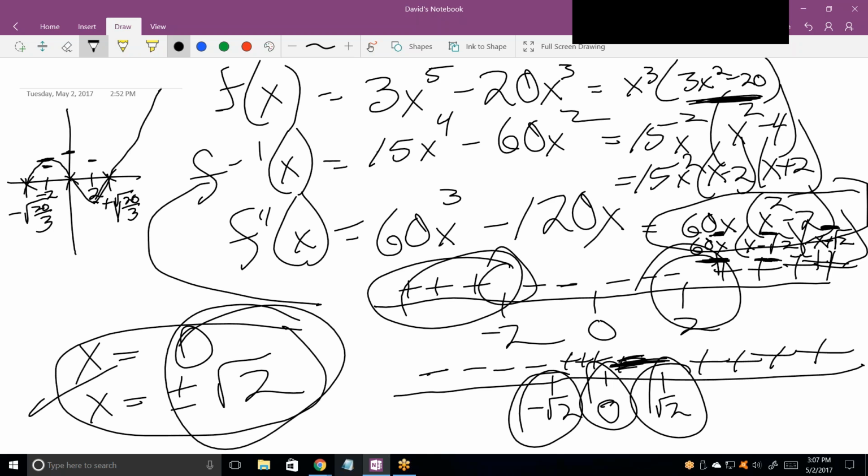So it looks like it could be that curve. Now let's check our second derivatives. The second derivative is 0 at root 2. In other words, what I've drawn here is the first derivative curve. So always remember the second derivative curve is the derivative of the first derivative.